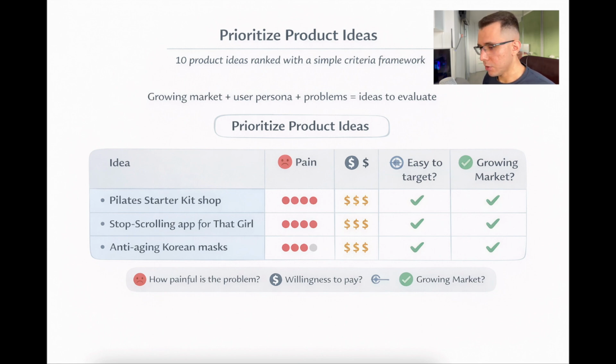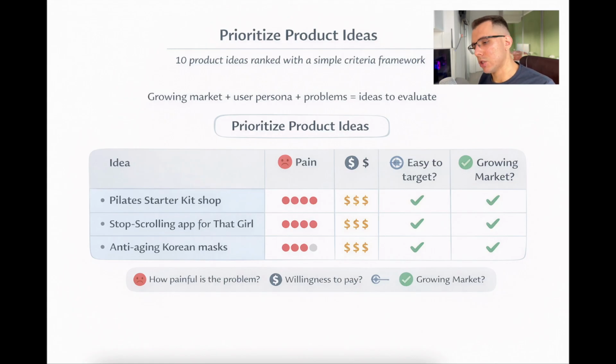Basically, you put all of the product ideas that you have in a list, and you evaluate them against these 4 criteria. First of all, we have to think about how big is the pain. The larger the pain, the more willingness to pay the money for your solution. The next criteria is the willingness to pay.